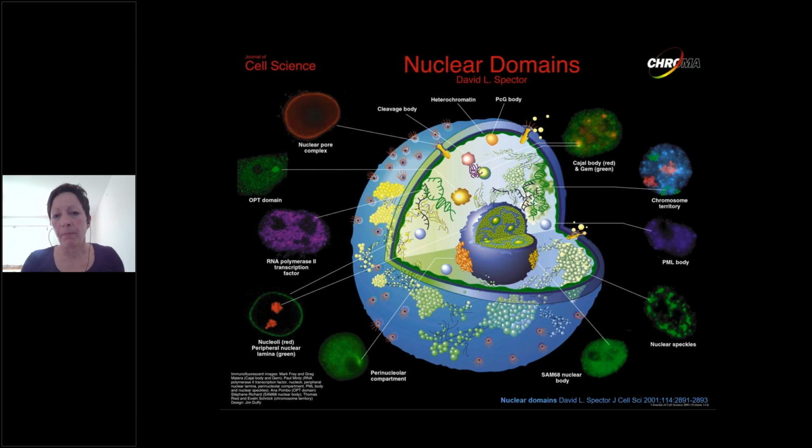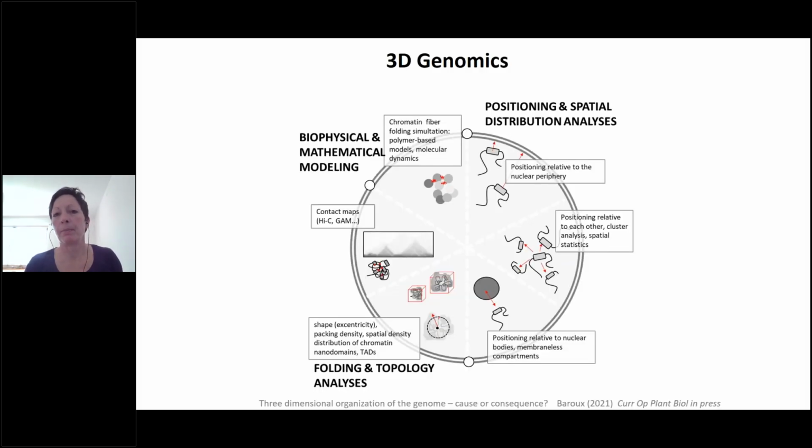In this quest of understanding the organizing principles, we have to acknowledge there is a new field that has emerged in the past 10 years, now recognized as 3D genomics.